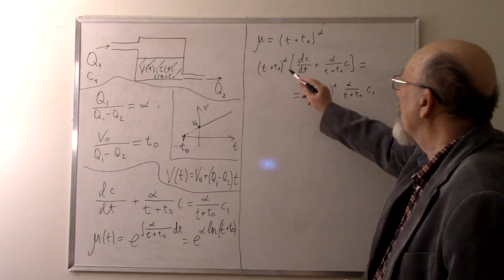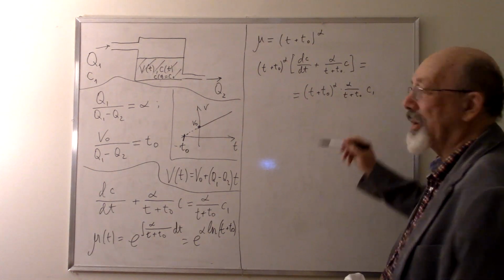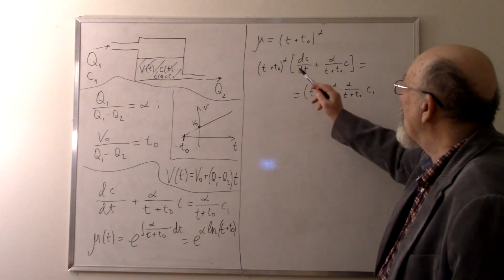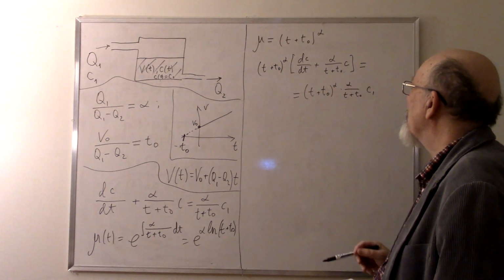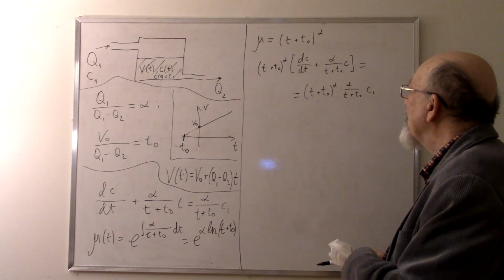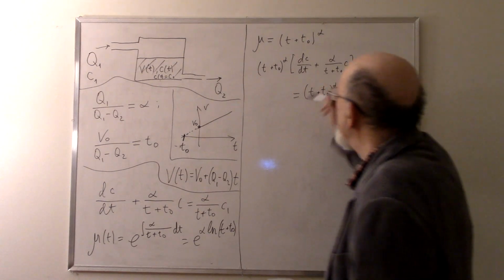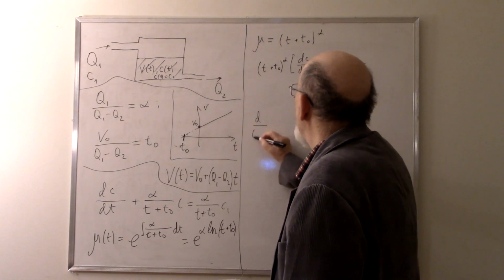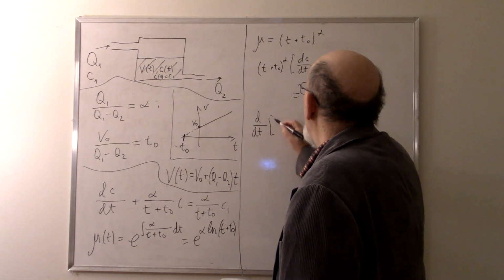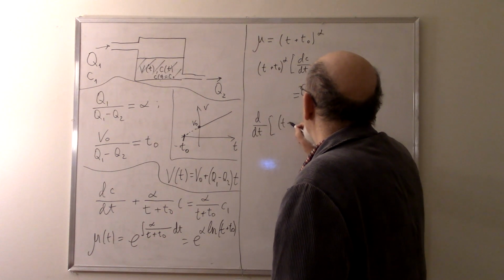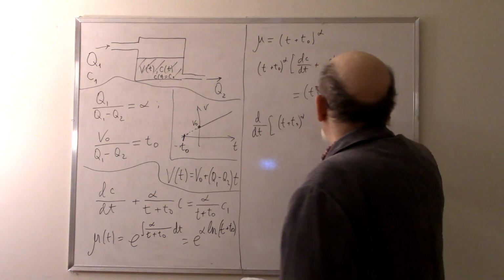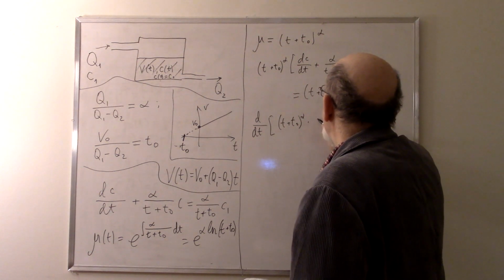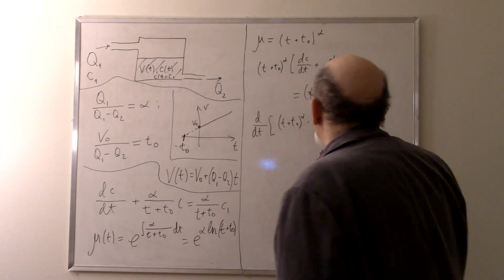Now c1 is a constant, it's important. Now if you insert it inside the brackets, then you see that this is the derivative of (t plus t0) to the power alpha times c, yes?